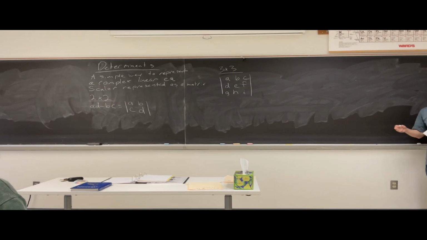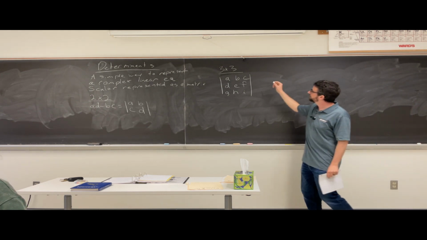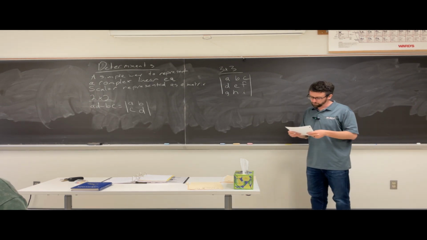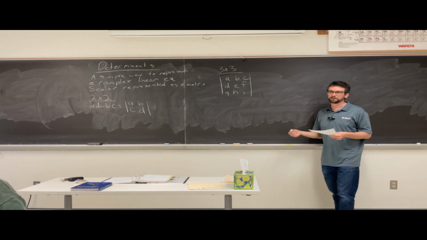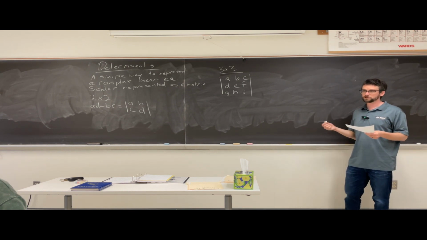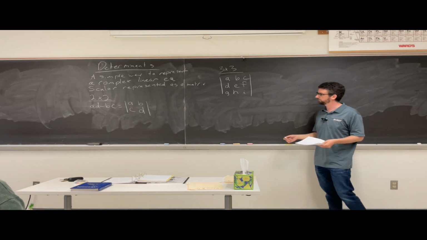So 3x3, how many terms do we have in here? 9. Yep, we have 9. Now, what we have to do is break this thing apart into smaller determinants in order to solve it.